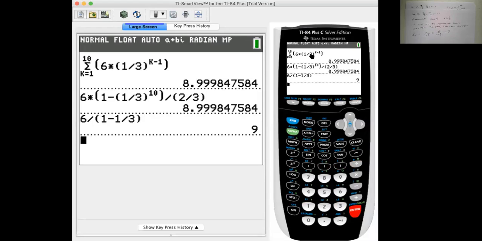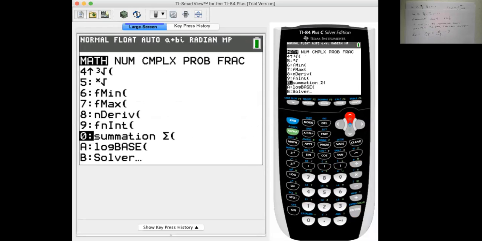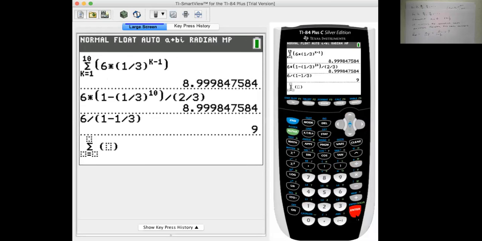So interestingly enough, these numbers you see here, 8.999, from 1 to 10, it's awfully close to 9. So if I go 1 to 100, imagine how close it will be to 9. Math, summation. Let's go, k goes from 1 to 100. It's not infinity, and 100 is not infinity. And you also run the possibility that you are going to upset the calculator and get beyond its tolerance.